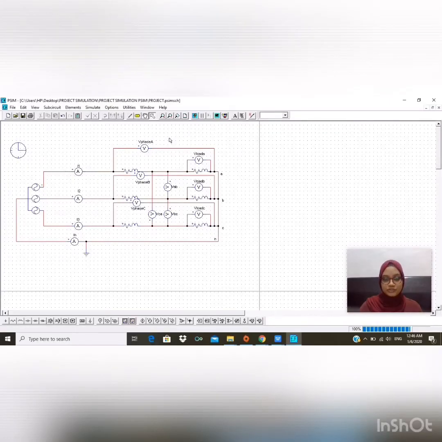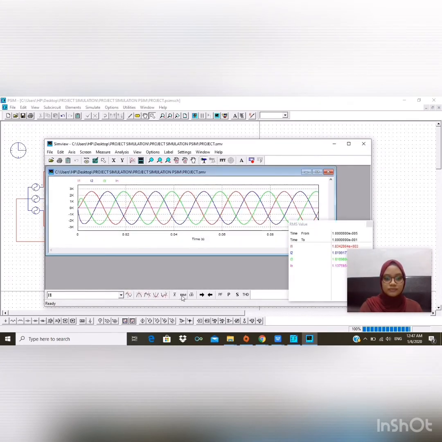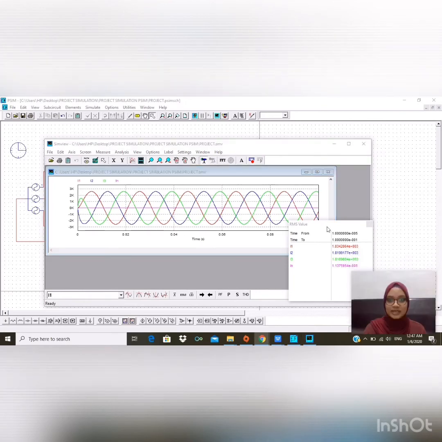Now we look into the simulation using PSIM software, and this is the circuit which I have drawn. Let's do the simulation. Next, we want to identify the parameters for I line, which equals I phase. We get the RMS value for the current, which is 1.83, and if we add these three values, we get the average value.